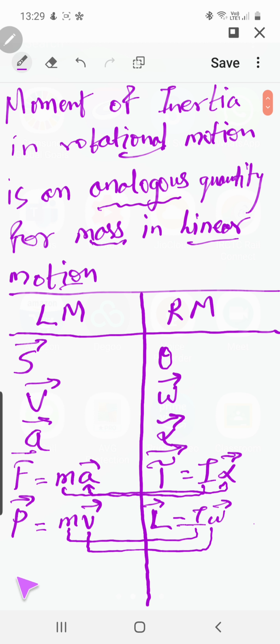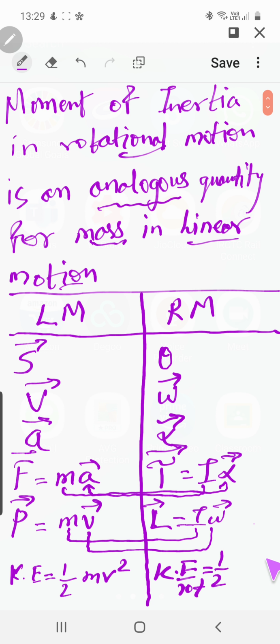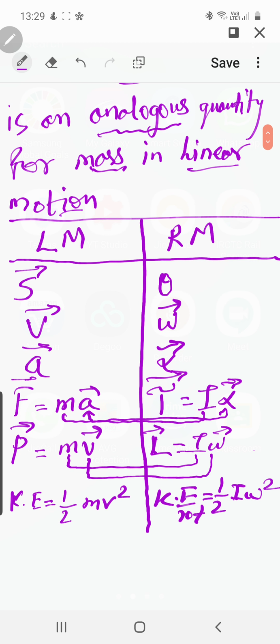Next formula is KE, that is kinetic energy, equal to half mv square. Kinetic energy for a rotating object will be half I omega square. Again you can see that in place of m I am considering I, and in place of v I am considering omega.